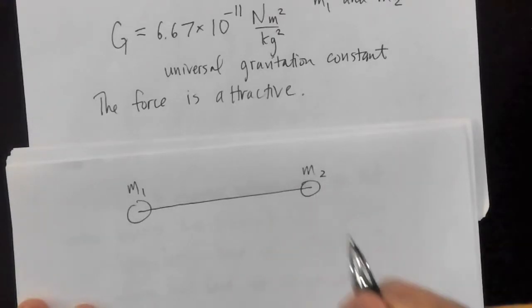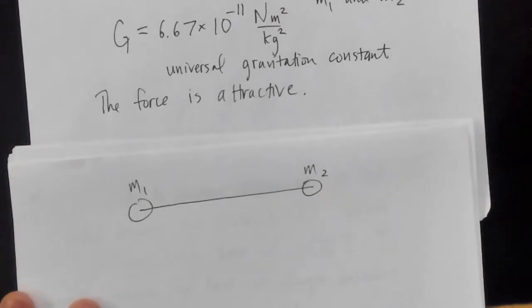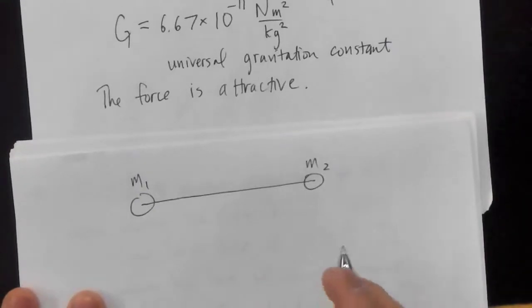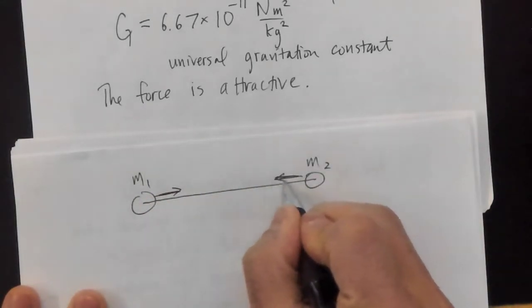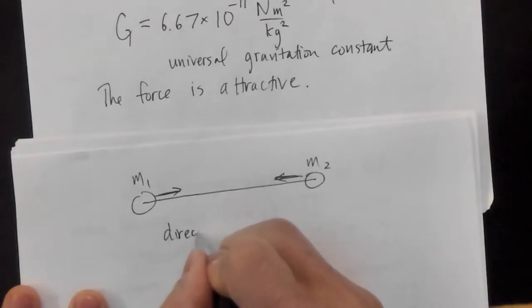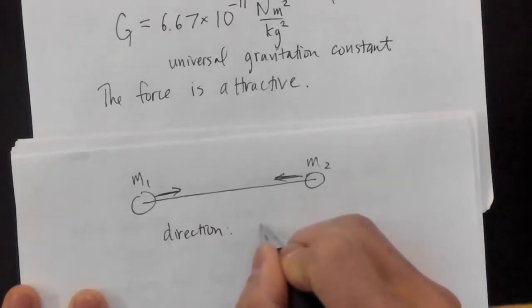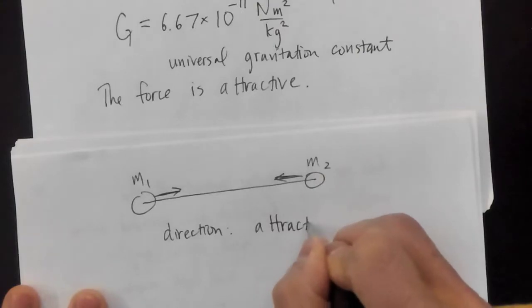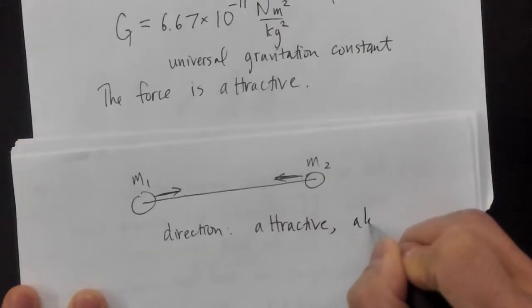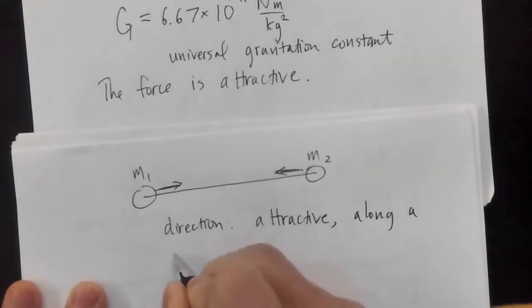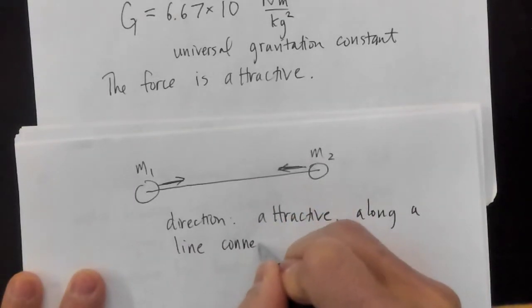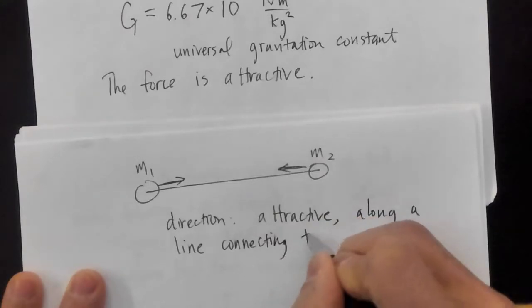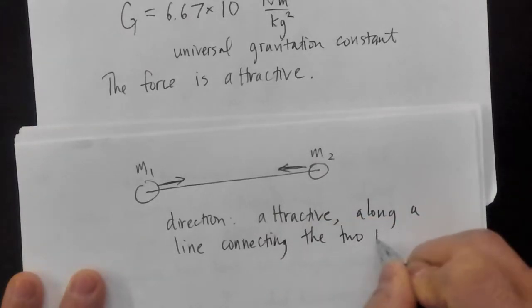There's a line between the centers. So the direction of the force is attractive along a line connecting the two masses.